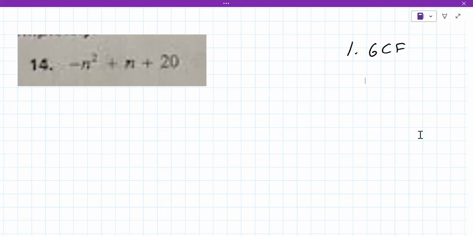All right. So the first type of factoring that you always do is what's called a GCF, or greatest common factor. I hope you have heard that.